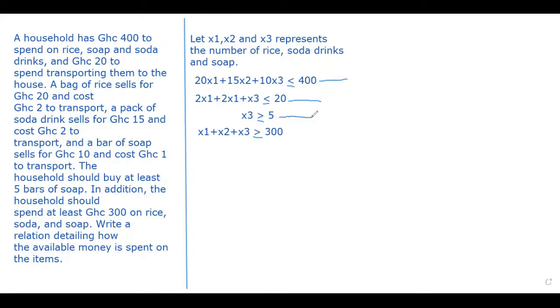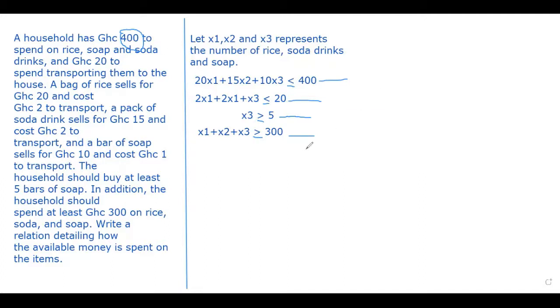The third expression, we dealt with the quantity or the units of soap. So the last one, they said the household should spend at least 300 cedis, meaning they shouldn't spend less than 300 cedis out of this 400 cedis on rice, soap, and soda drinks. That's why we are using greater than or equal to.